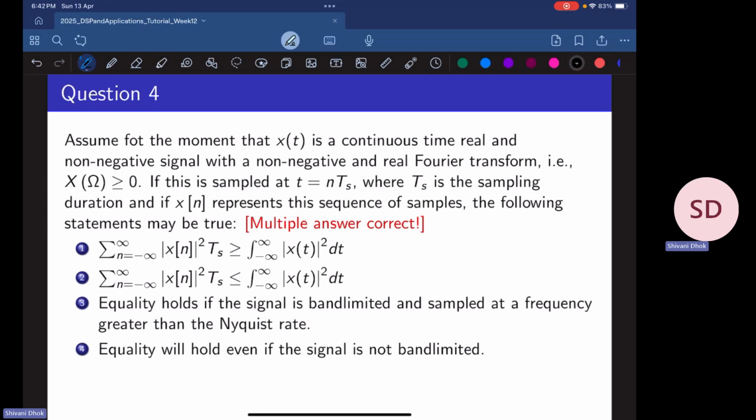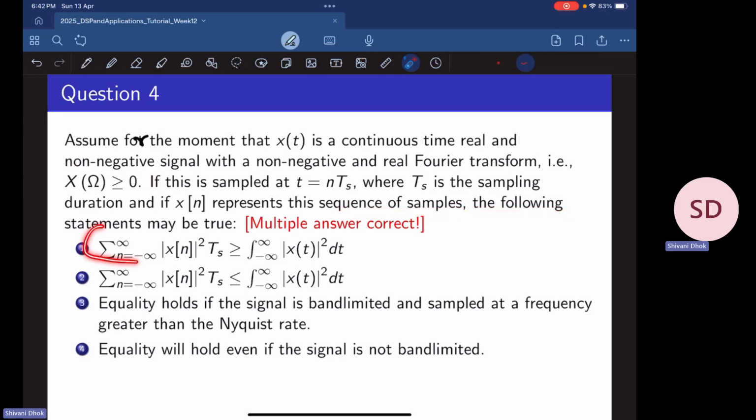There's a small typo here. This is for... So it says that assume for a moment that x of t is a continuous time real and non-negative signal with a non-negative and real Fourier transform. If it is sampled at t equal to n Ts, where Ts is the sampling duration, and if x of n represents the sequence of its samples, then the following statements may be true.